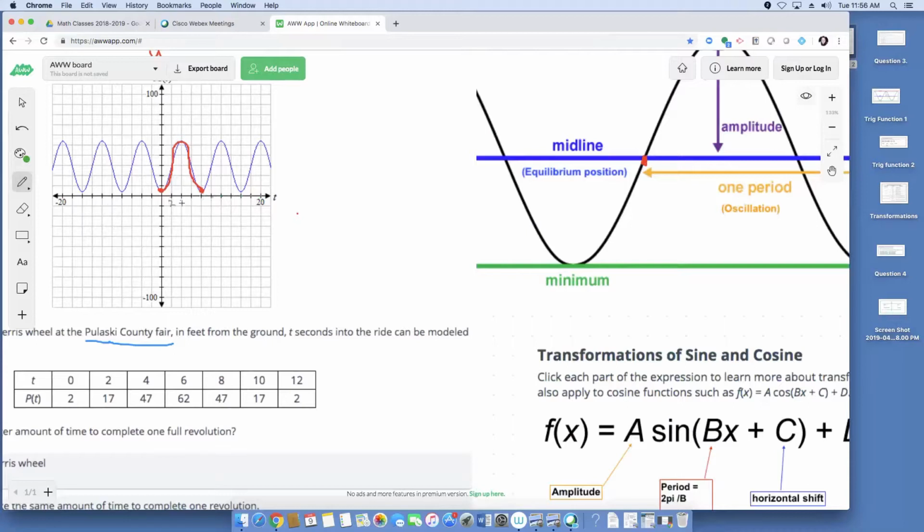So this is 2, 4, 6, 8. For one full revolution, it takes 8, right? So period equals 8. I've used a lot of colors here. I'm sorry, I was trying to stick to one. It didn't really work out. But our period is 8 for this county fair.